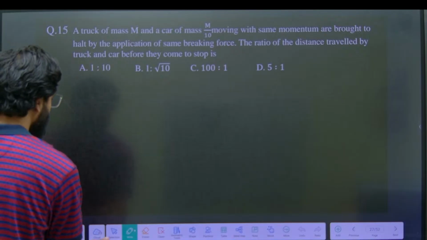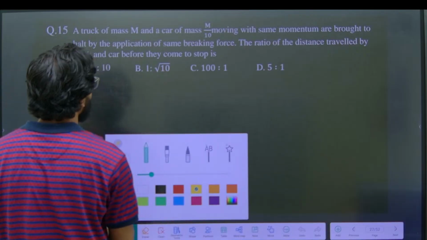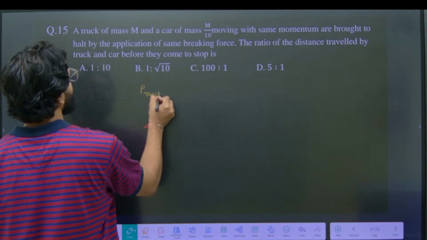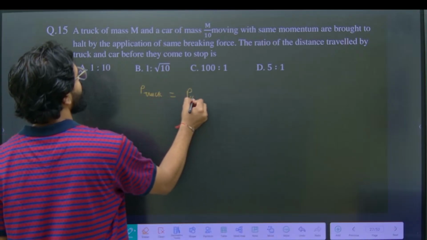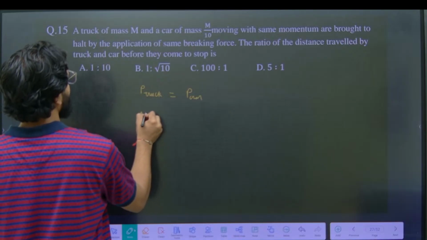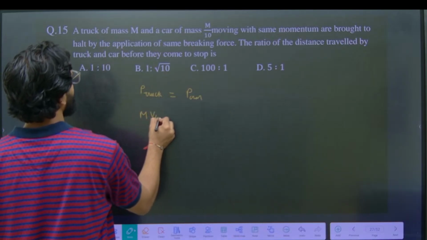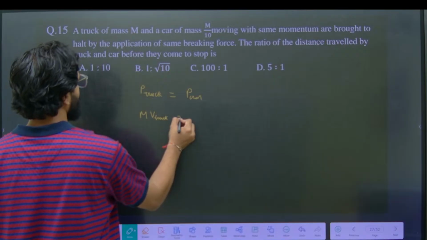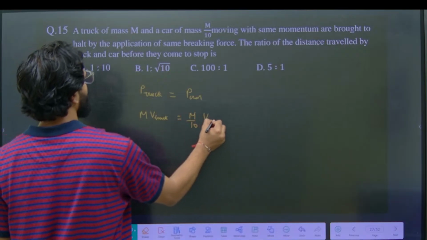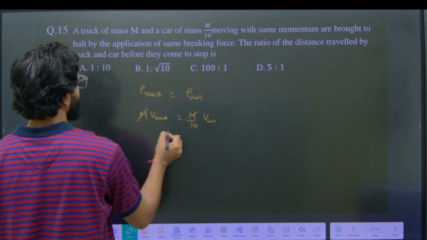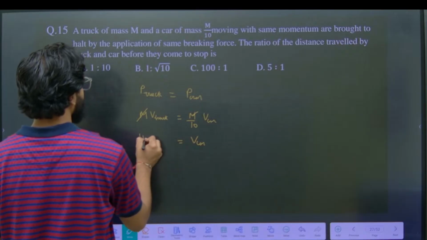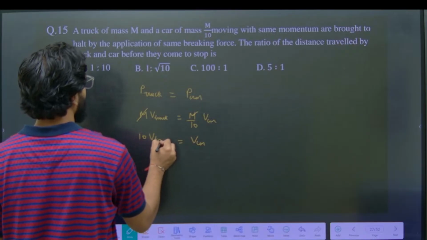So if they have same momentum, can we write P of truck equals P of car? So m v of truck equals m by 10 into v of car. So can we say v of car is 10 times the v of truck.